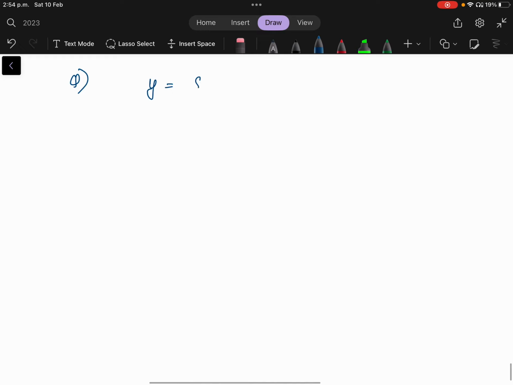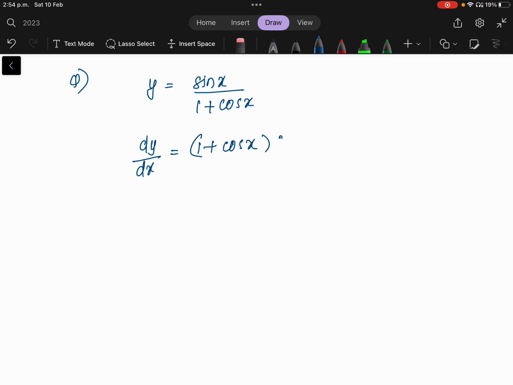Okay, the last one which I will do here is sin x by 1 plus cos x. Okay, so this is quotient rule and then the chain rule. So dy over dx is equal to 1 plus cos x times differentiation of sin x is cos x, minus sin x times differentiation of 1 plus cos x is minus sin x, over 1 plus cos x the whole squared.